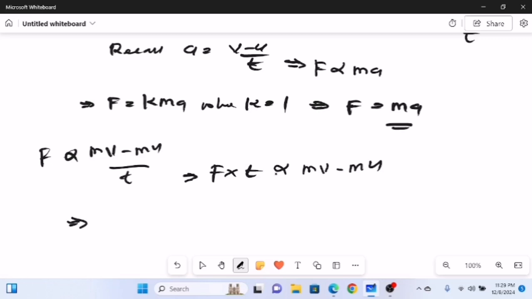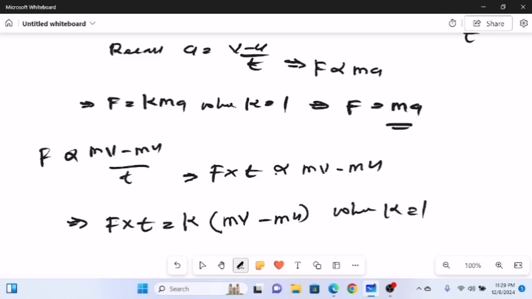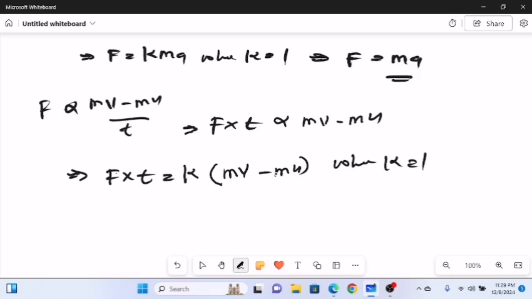So force times time is equal to K, the constant, multiplied by mv minus mu. Where K is dimensionless and you take K simply as 1, you have that force times time is equal to mv minus mu.